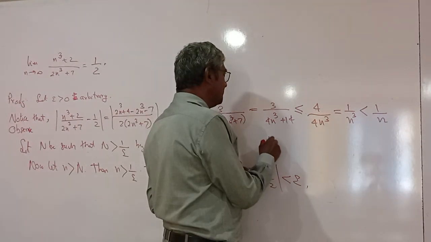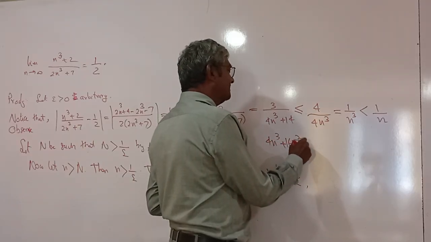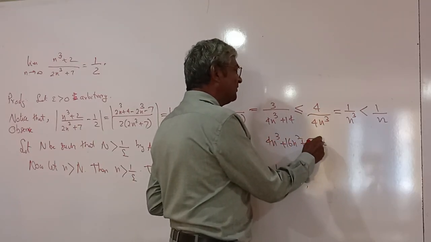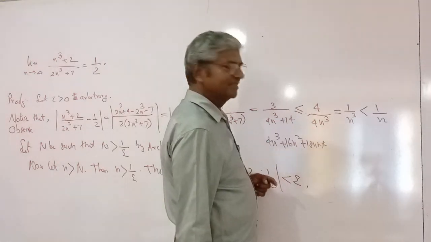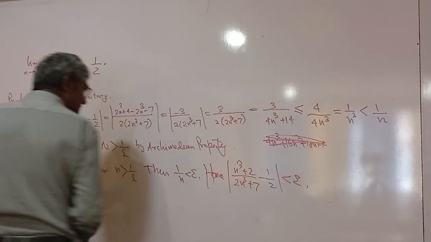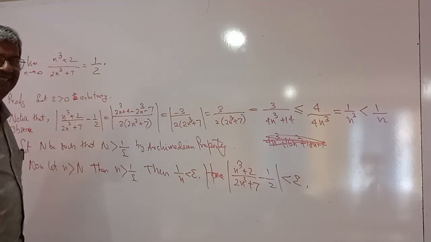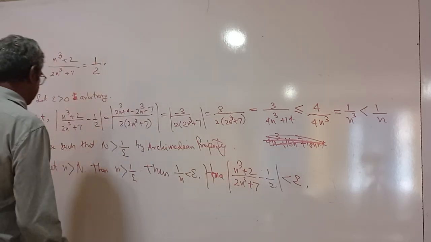Imagine you had 4n cube plus 16n squared plus 18n plus 4, then your method doesn't work here. That's the reason I decided to do this, because I knew that you would do it this way. If you are given a problem like this, you will be in trouble.